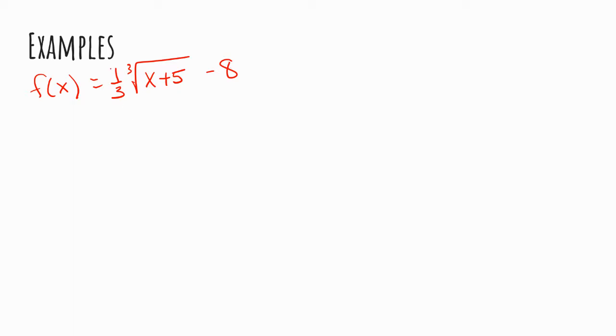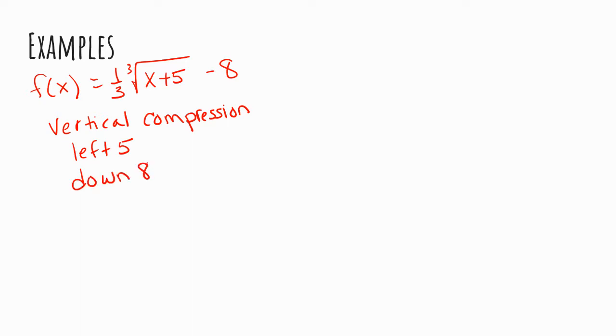So 1/3 is between 0 and 1, which means it's going to be a vertical compression or a shrink. x plus 5, that's underneath that cube root symbol. So x plus means that we are going to the left 5. And that minus 8 is outside of that cube root symbol. So that's a k value, which means it's going down 8.